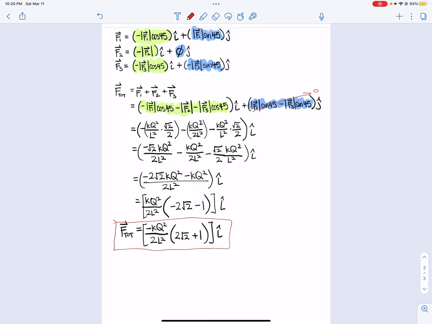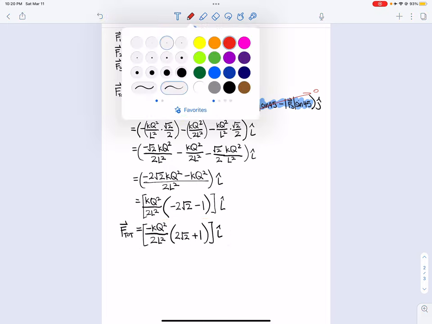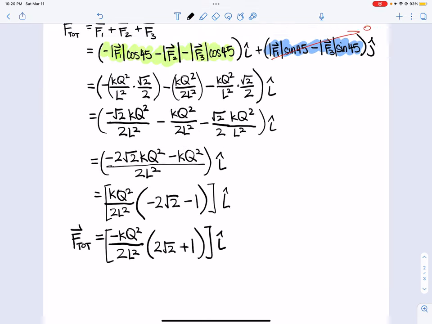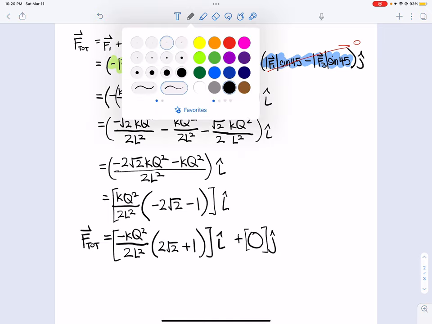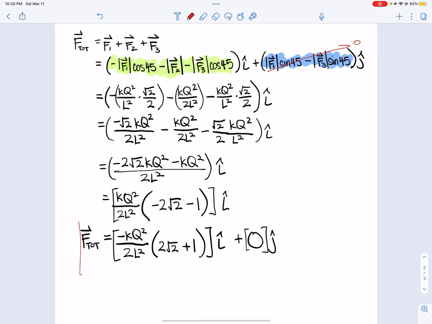Okay, actually, I will also add the j hat just for clarity. So again, j hat is 0, so plus 0 j hat. Okay. And that is our final answer.